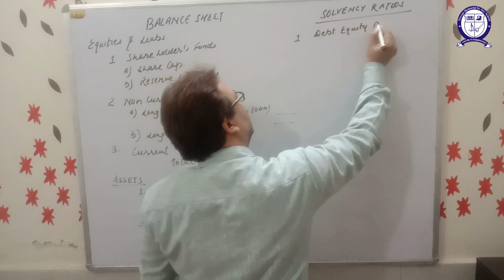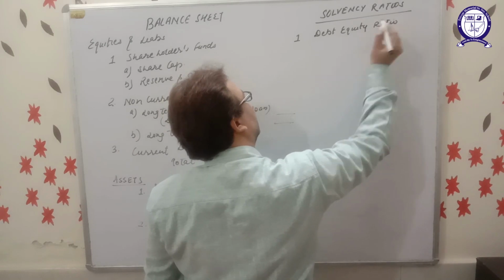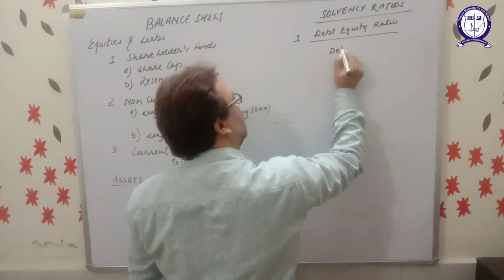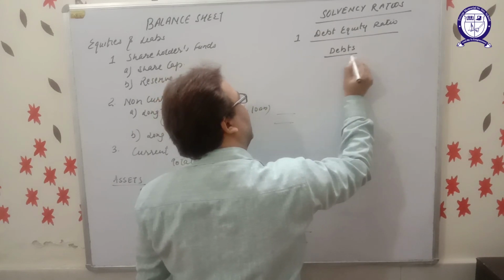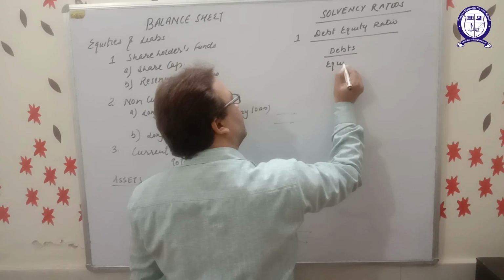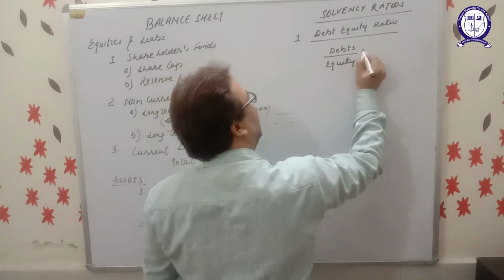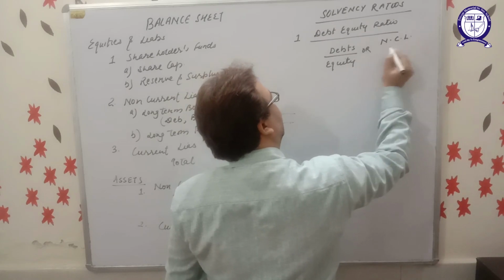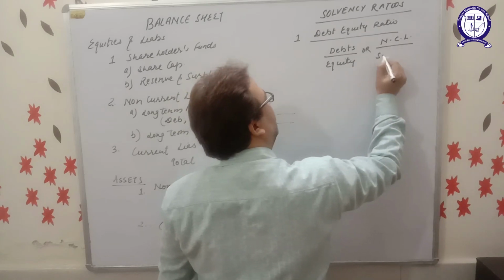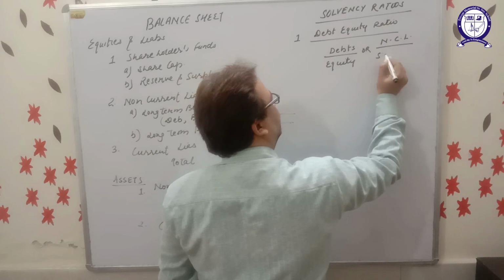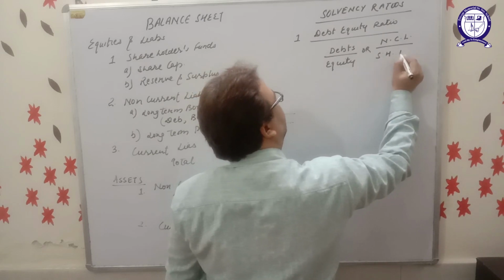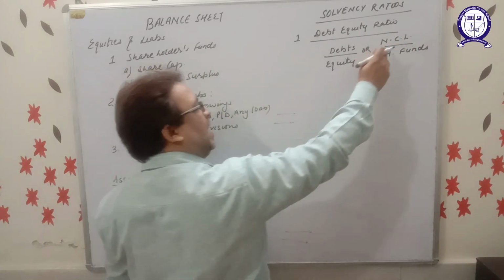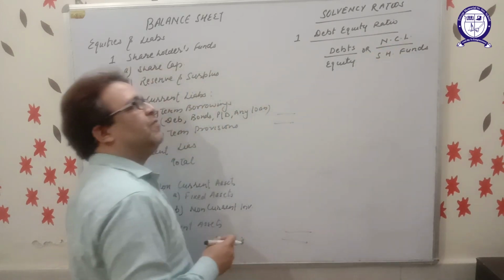Debt equity ratio. The formula of debt equity ratio is debts divided by equity, or you can say non-current liabilities divided by shareholder funds.